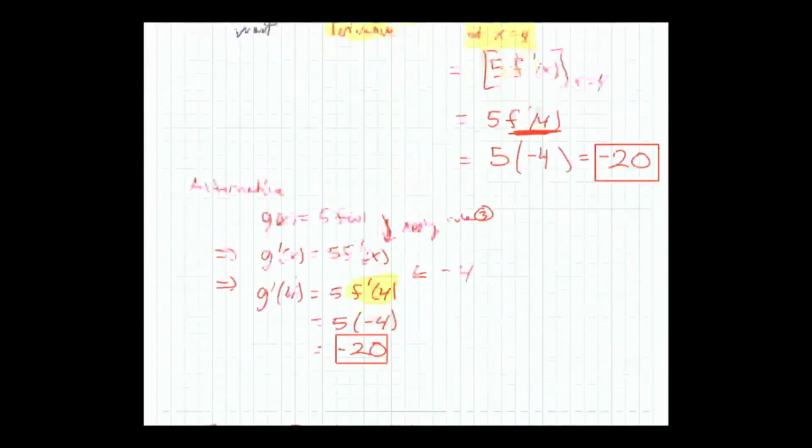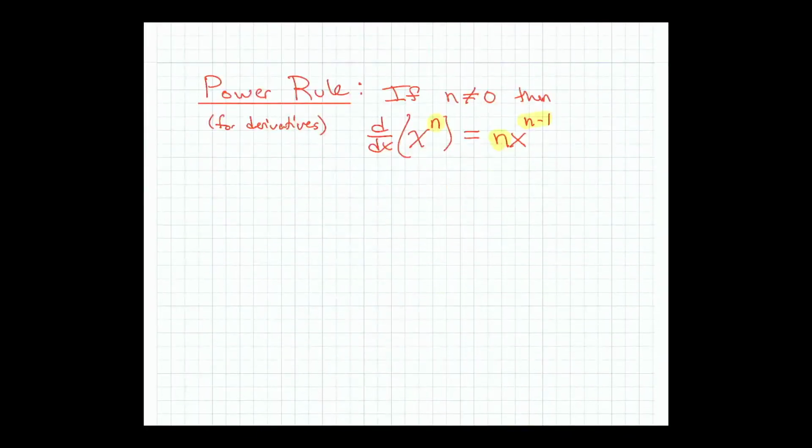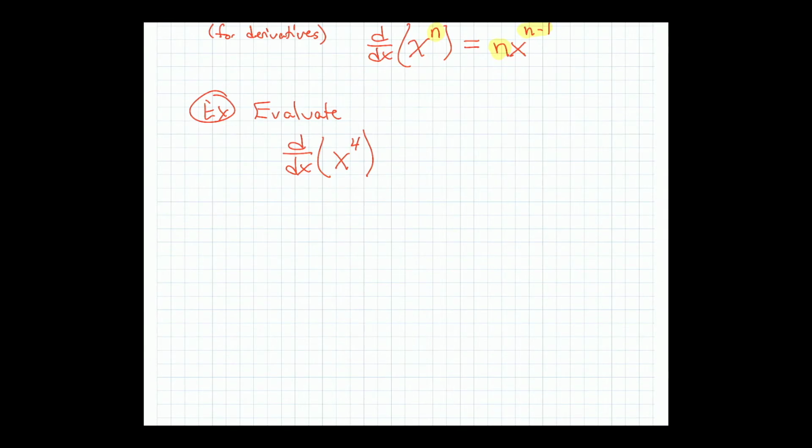Okay. Let's apply the power rule. Examples. Evaluate. I want the derivative of x to the 4th. I want the derivative of x to the 7/3.